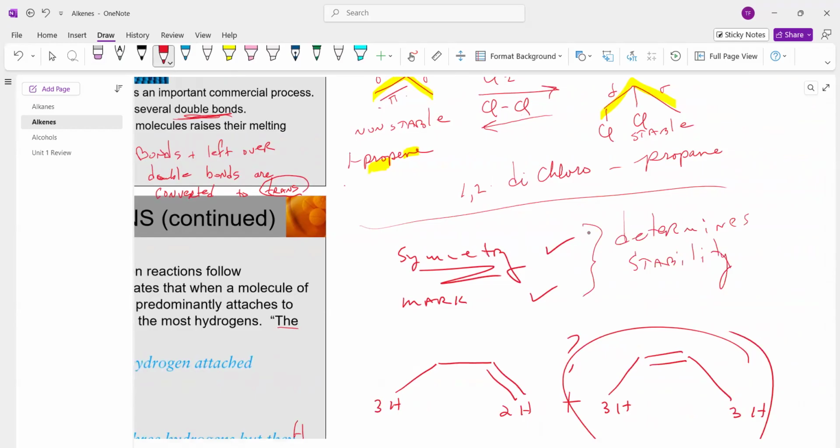Nature likes symmetry. Even though it's not spelled right. Symmetry. And then they also have something called the Markovnikov rule. Both of these determine how stable your products are. And this is of a product.